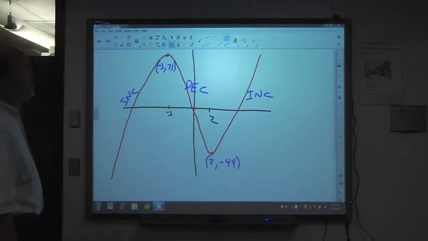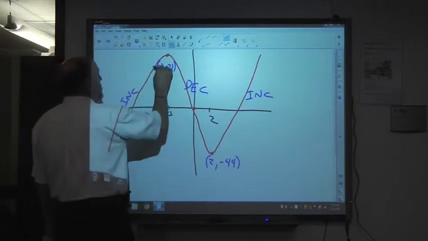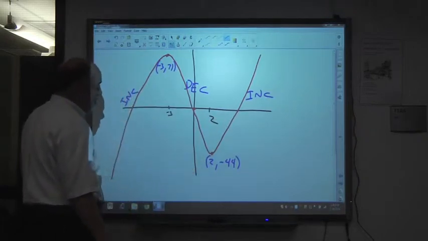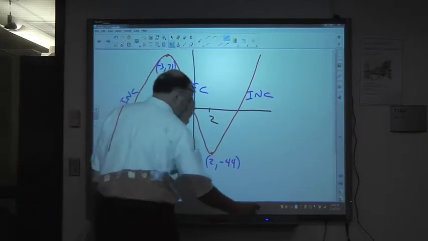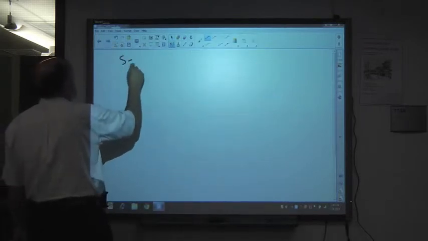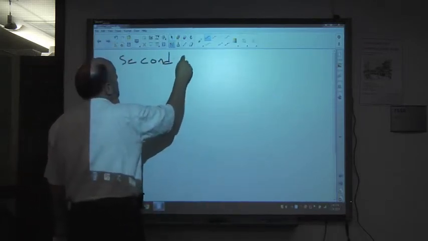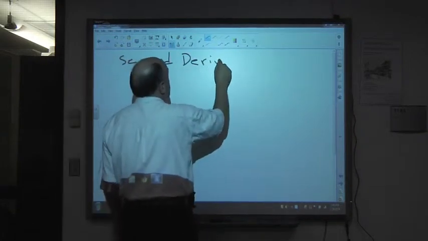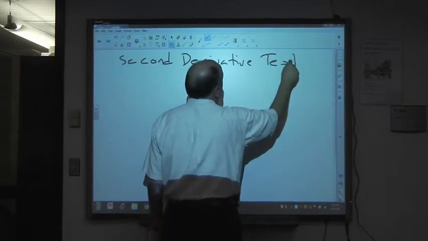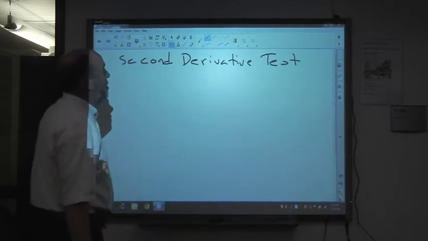Well, you can see in this graph that it goes through this change in the curve. Right? And that is what we learned in the second derivative test. So the second derivative test tells us an idea of the shape of the curve.